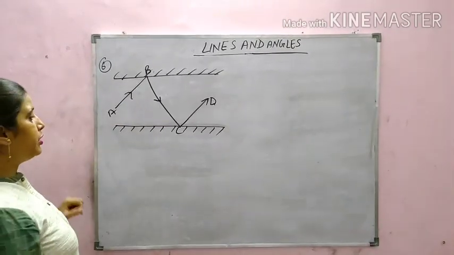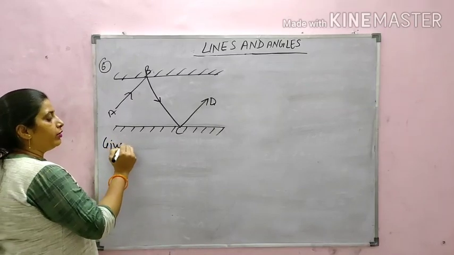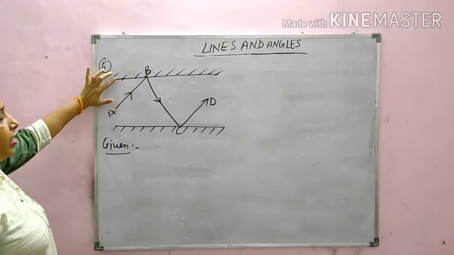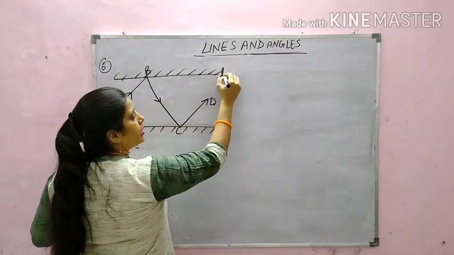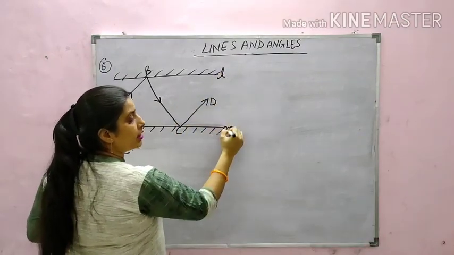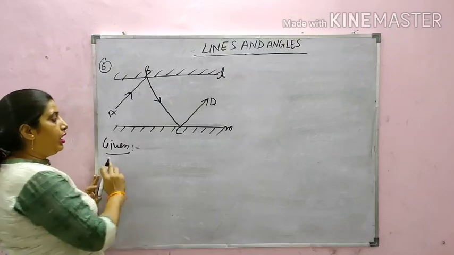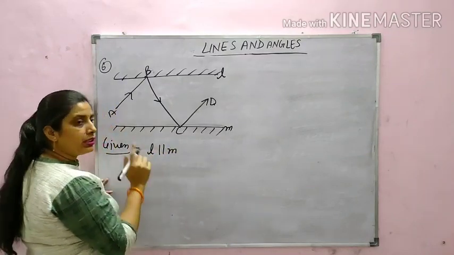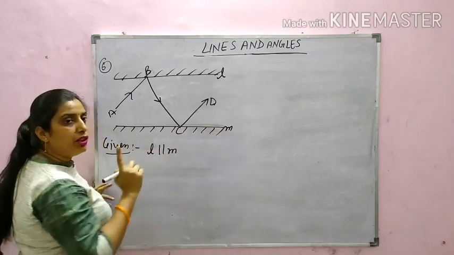Now in this question, I am writing here given. What is given in this question? These are two mirrors. First of all, I am taking it as L and this is M. L parallel M, where L is one mirror and M is one mirror.